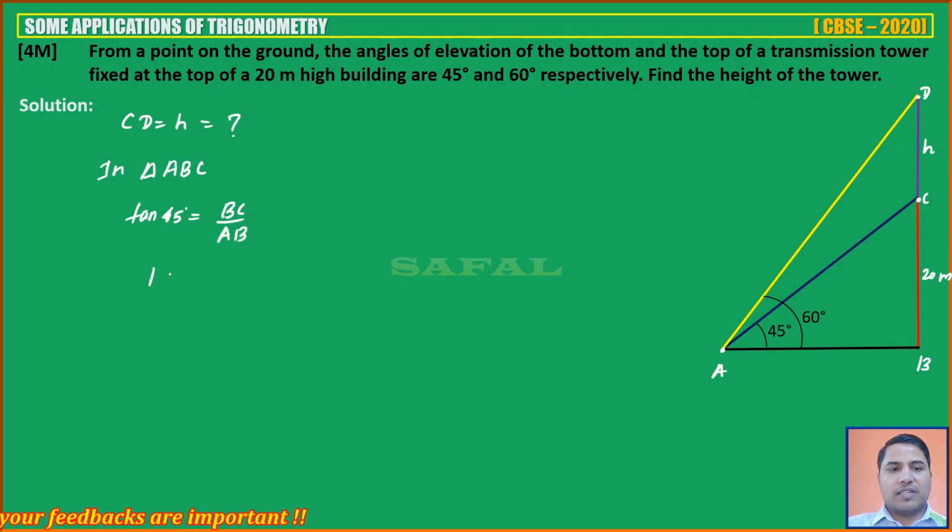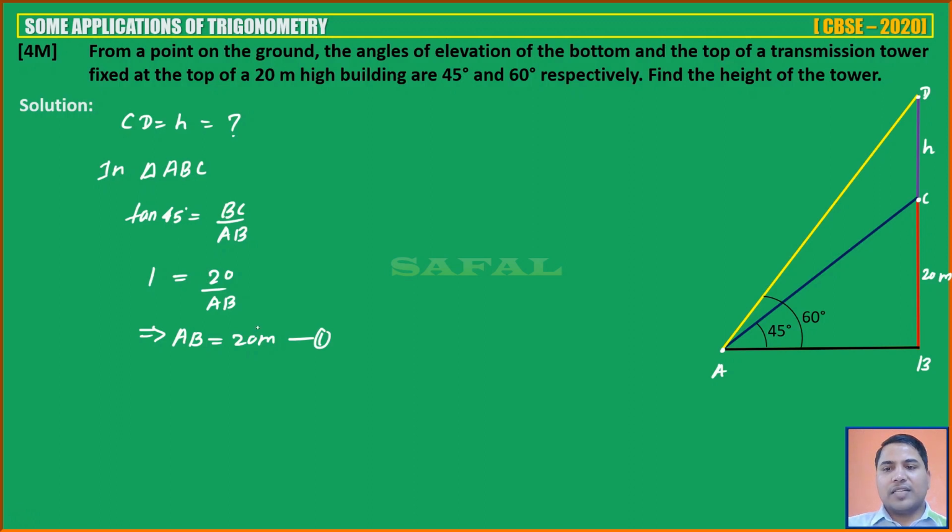Now tan 45 is 1, BC is given as 20 and AB is not known. On cross multiplication I'll get AB equals 20 meter. Let us call this the first equation. Now we'll apply the tan ratio in the big triangle ABD.